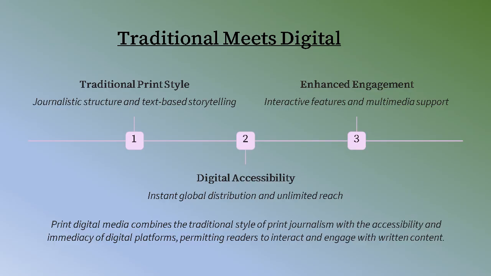So we can say that traditional meets digital. The traditional print style keeps the journalistic structure, and it is published on digital platforms. Print digital media combines the traditional style of print journalism with the accessibility and immediacy of digital platforms, permitting readers to interact and engage with written content.